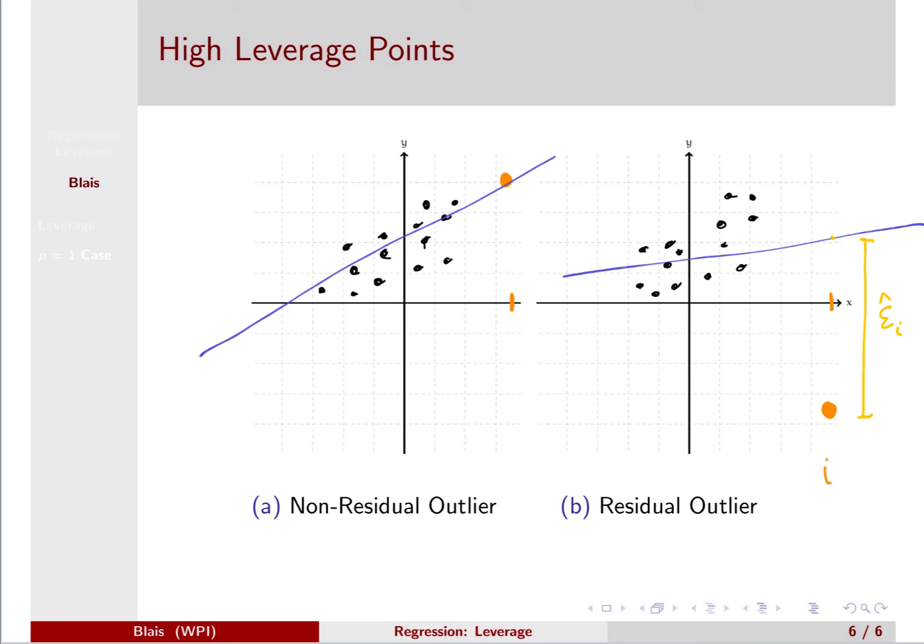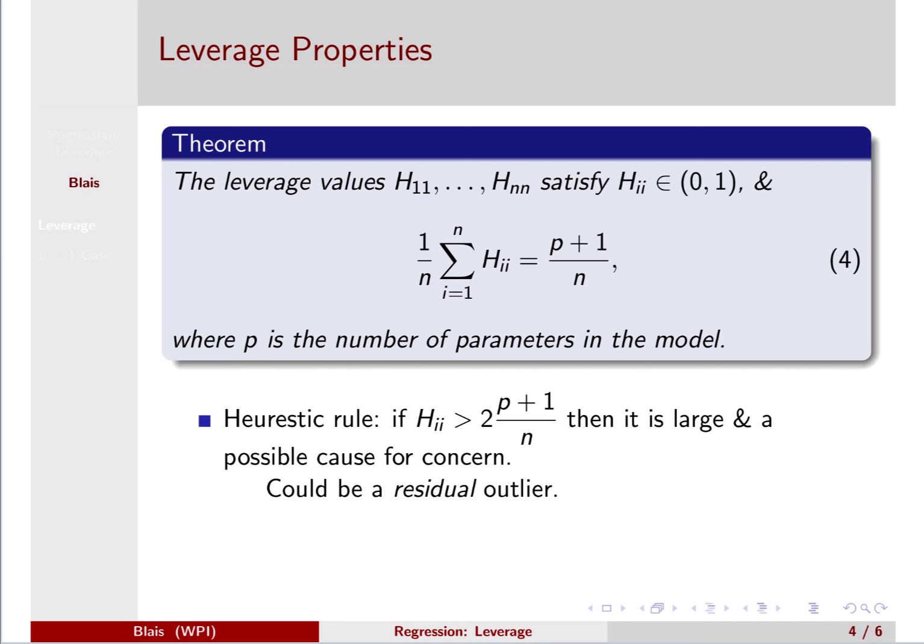You want to be able to have these types of tools so that you can look through your data set and detect, or maybe a better way to say it would be to filter your data set and detect these types of anomalies that may have a pretty dramatic effect on the model and may or may not be mistakes in the data. One thing you can do with this concept of leverage, we have a leverage value for each observation in the data set.